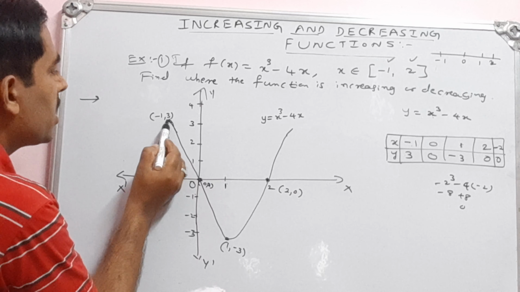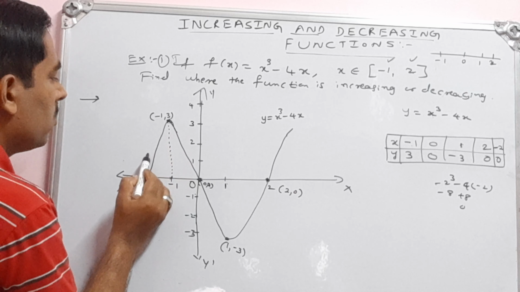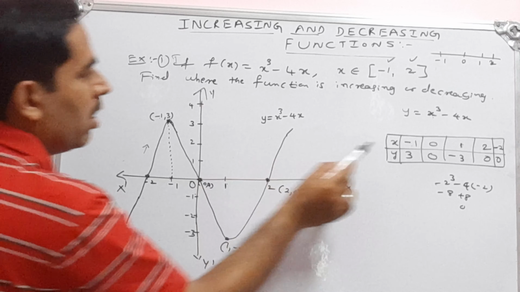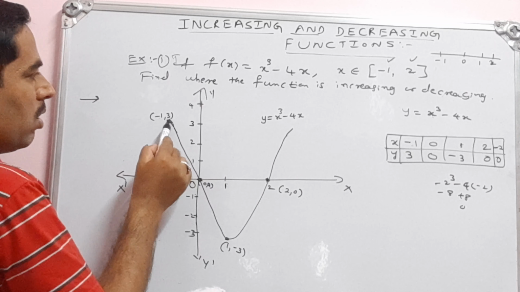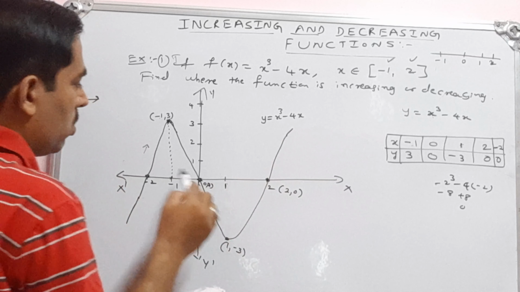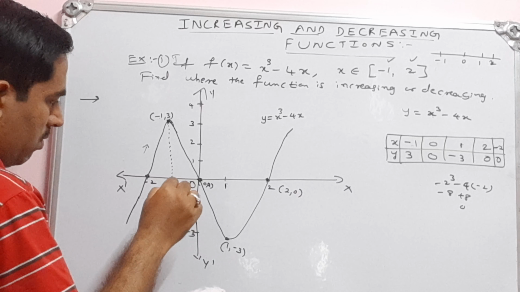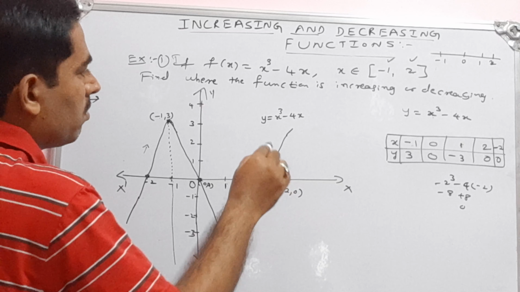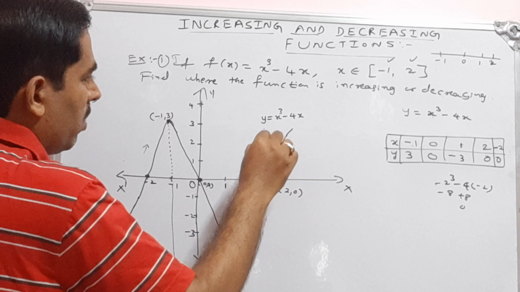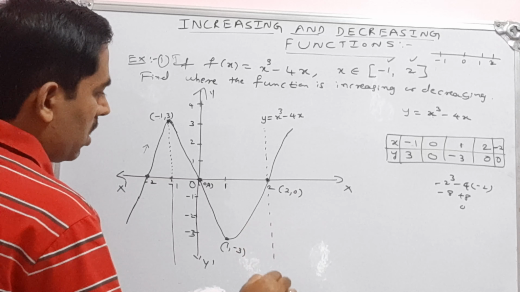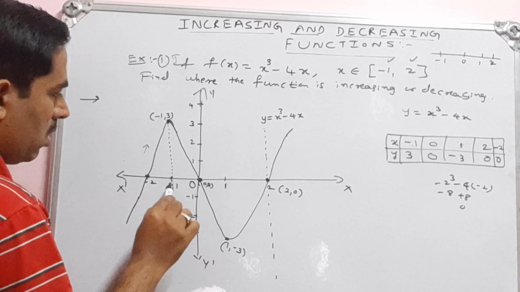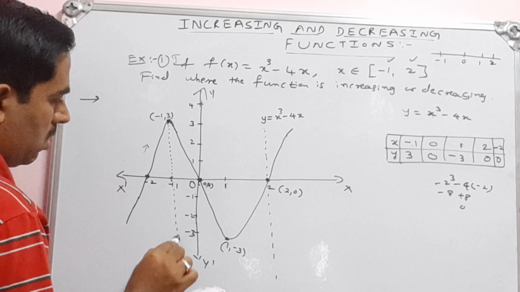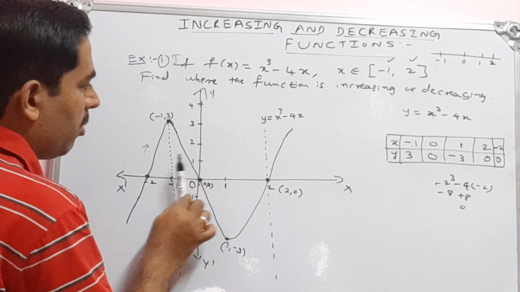As it reaches this point, we have marked minus 1, 3. Our interval is minus 1 to 2, so we will consider only this much, minus 1, and this mark here, 2. We should be bothering only about this interval.